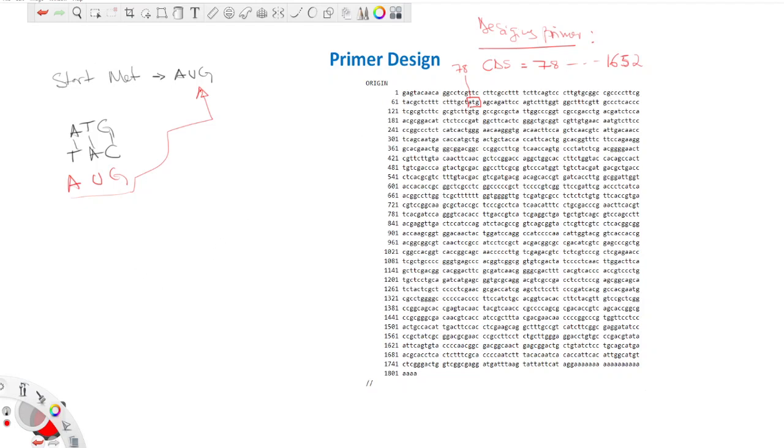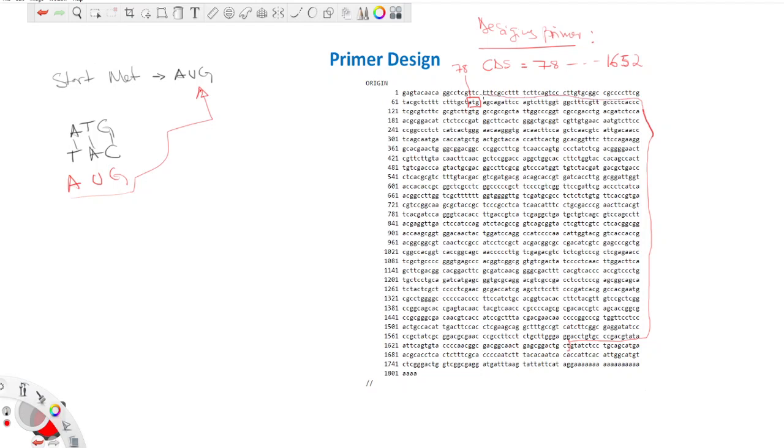The end of our sequence is in position 1652. You do the same, so you end up here: 1620, 30, 40, 50, 60, 61, 62. So this T here is actually where we end things. That's where my coding sequence is. If I were to highlight my region, I'm going to select like this.